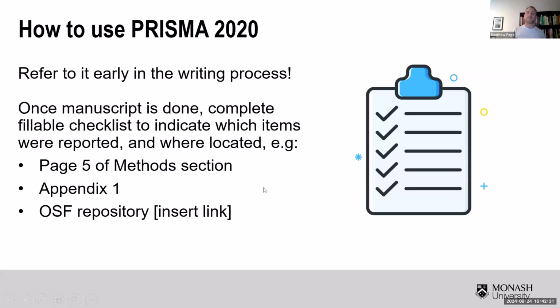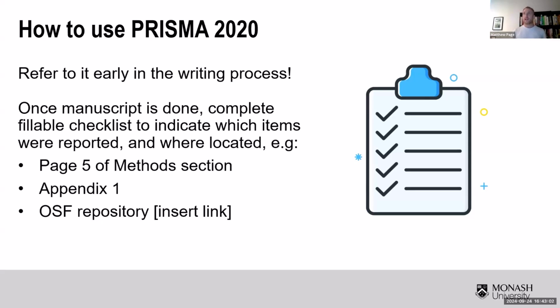But then again, once you've written your manuscript, at that final stage, I think a lot of journals are still asking people to upload completed checklists. And so it is helpful to indicate in these downloadable checklists which items you have reported in your manuscript and whereabouts they've been located. So what page number, whether they're in a particular appendix or in, say, an Open Science Framework repository.